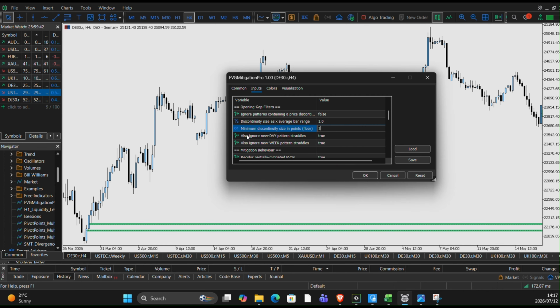And then we have ignore new day pattern straddles. So this is when the price discontinuities form over new days. If you want to ignore them, keep them as true, but in this case, we'll put it as false so that it doesn't ignore them. And then this is when the same thing happens over a new week in terms of new week opening gaps, and we keep that as false.